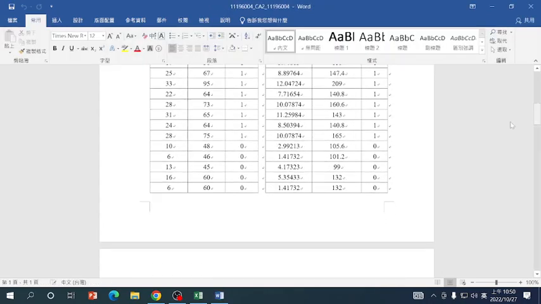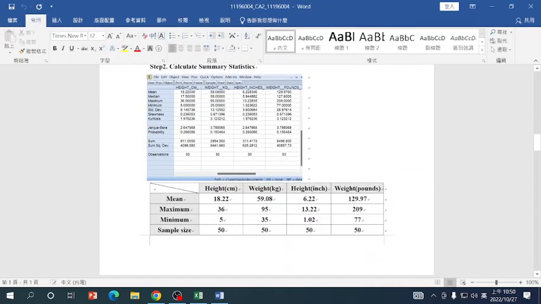Step 2: the mean height in centimeter is 18.22, the maximum height is 36, which is 156, and the minimum height is 5, which means 155 centimeter, and sample size is 50. Weight in kilogram: mean 59.08, maximum 95, minimum 35, sample size 50.